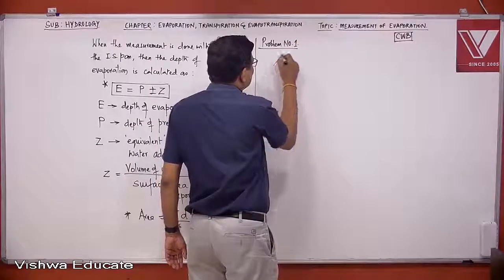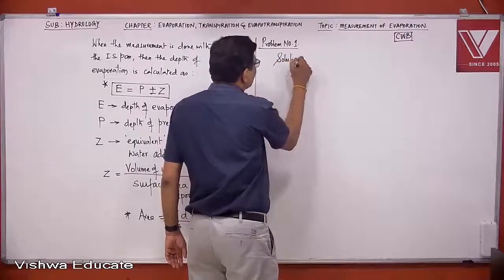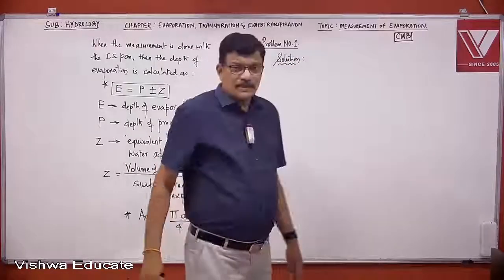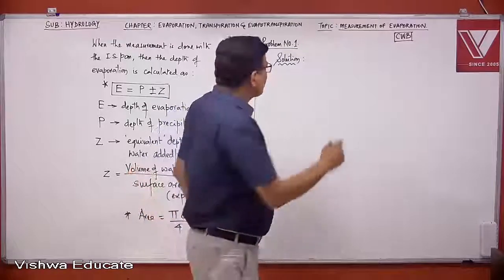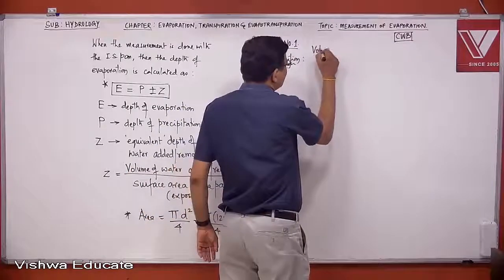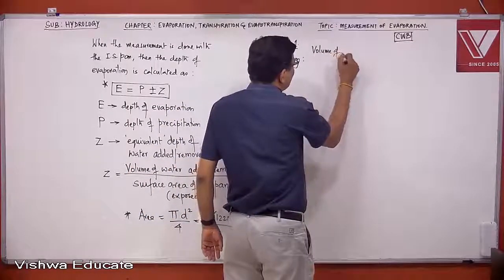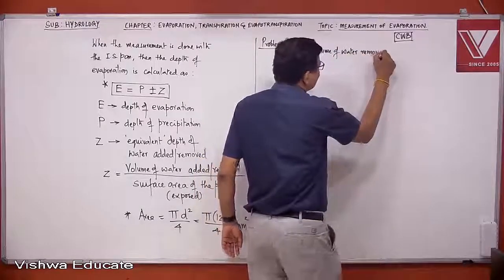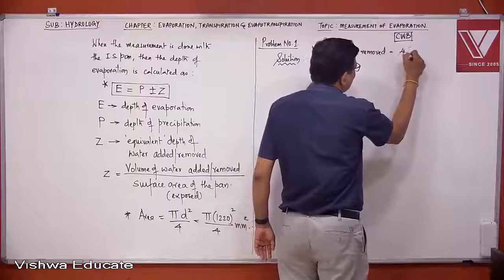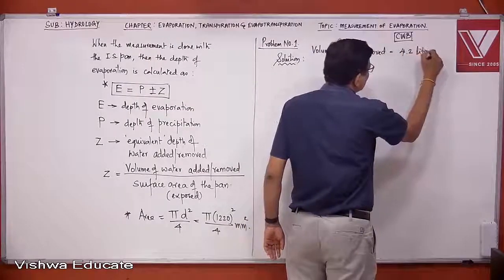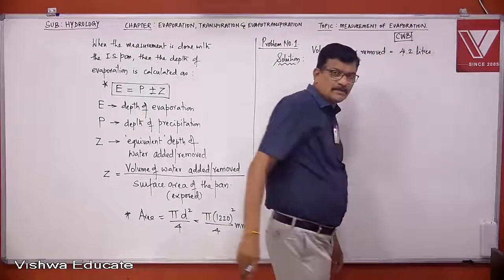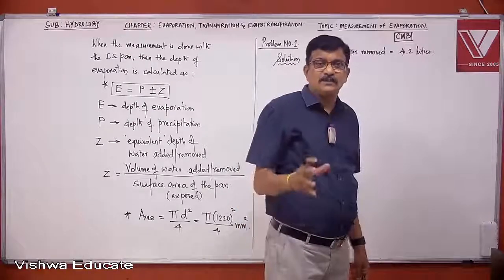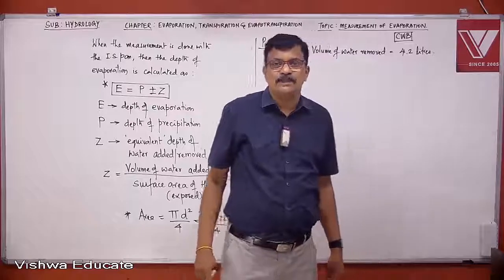Okay, let us now discuss the solution of this problem. The data that is given is the volume of water removed. This is given as 4.2 liters, and we know that 1 liter is 1000 cc, that is cubic centimeters.